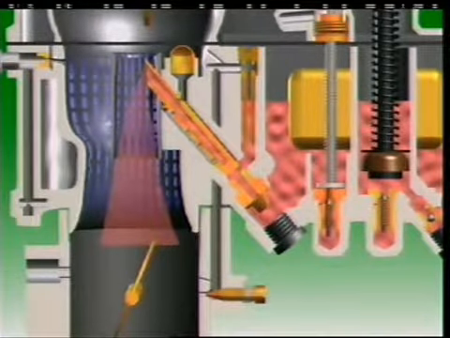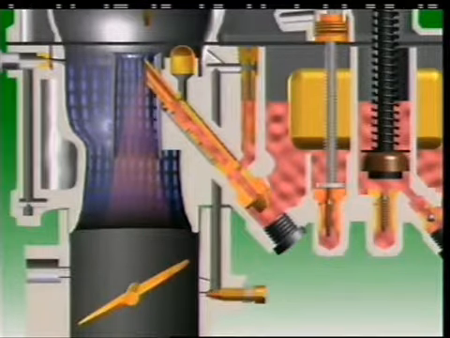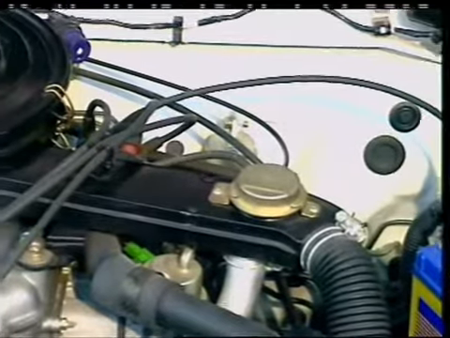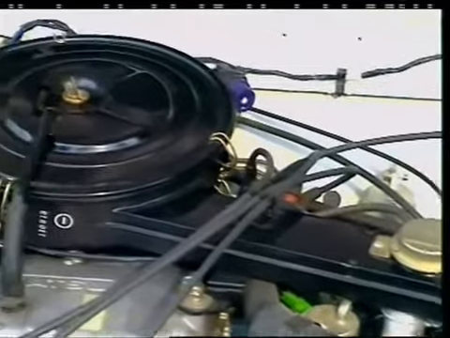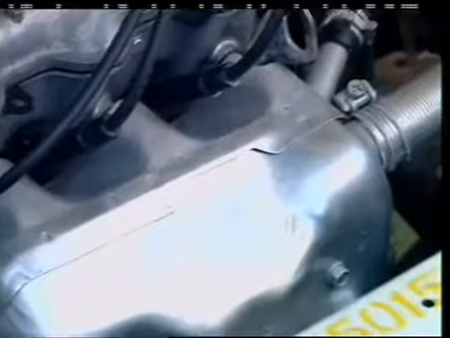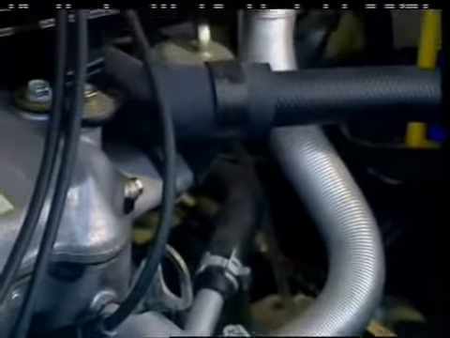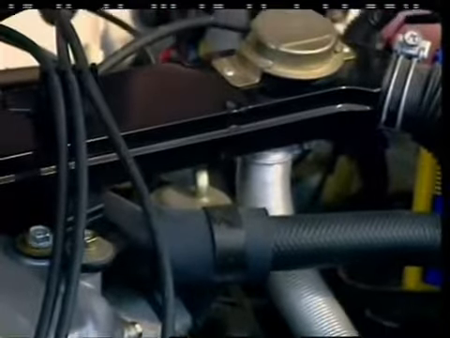Carburetors meet emission standards by maintaining accurate mixture control over a full range of engine conditions. To achieve this, most carburetors require an air supply at constant temperature. A heated air inlet system uses hot air collected from near the exhaust manifold and mixes it with outside air.